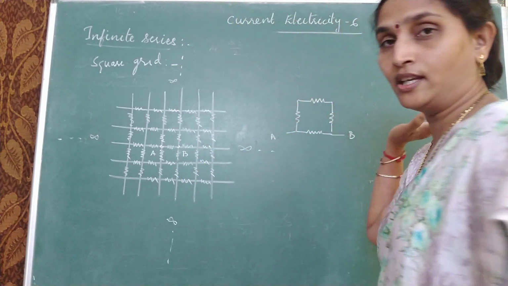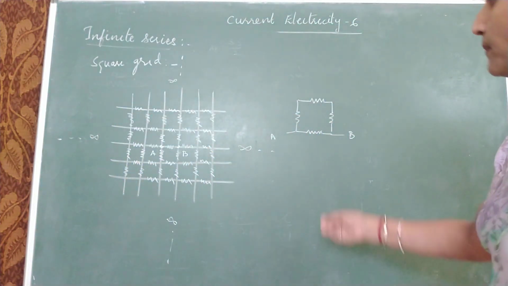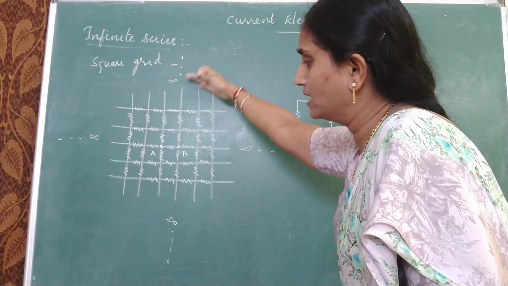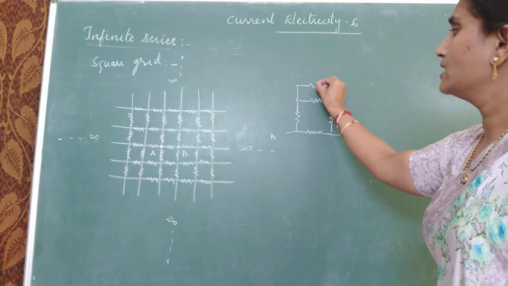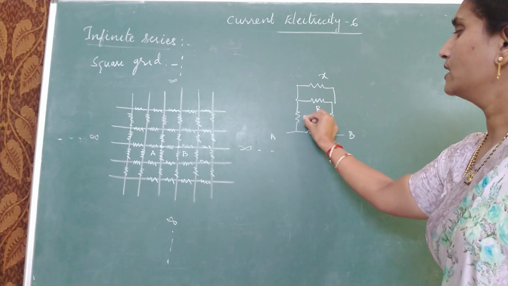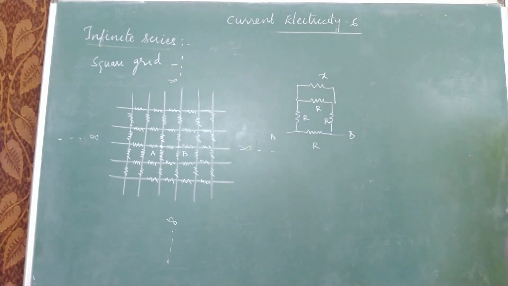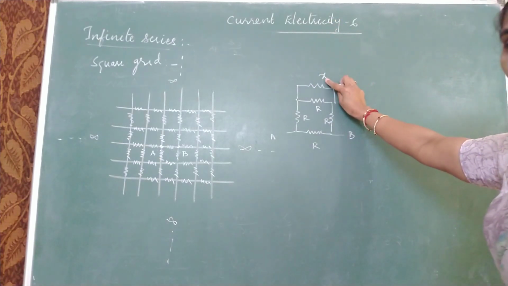Left side is also tending to infinity. Even this side is also tending to infinity. So let us assume the equivalent resistance of all the infinite branches till you reach this particular point. Let the answer be X. This is R, R, R and R. Each resistor you take it as equal to R. Assume that after adding all these branches we are getting the answer X.